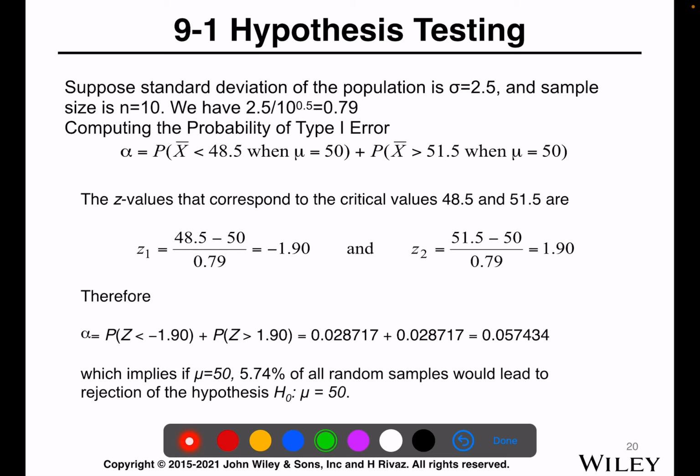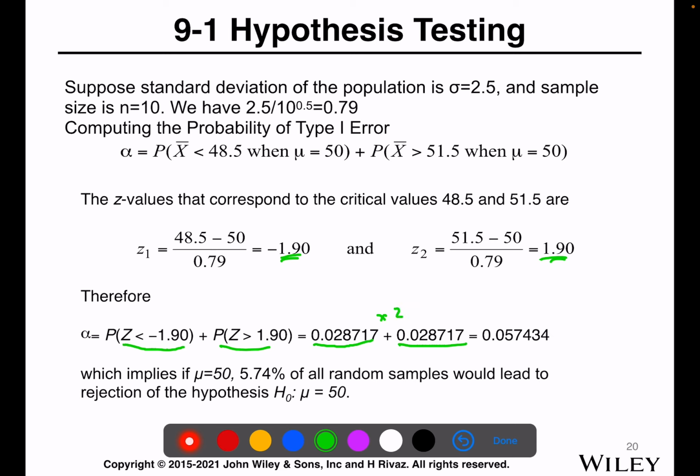The correct value was 1.89, so this is quite close. We calculate these Z values, then look at the table: Z less than 1.9 gives 0.028, and the other area is exactly the same, so it's 2 times this area.